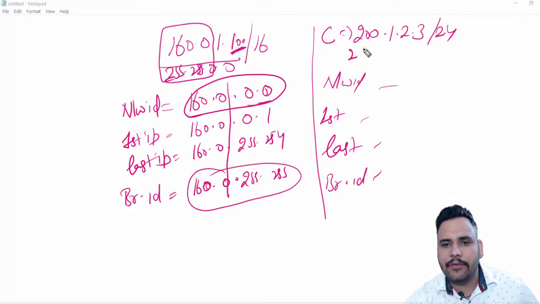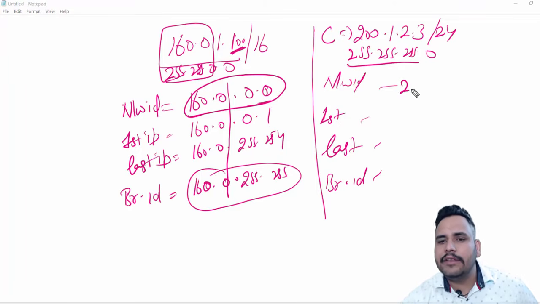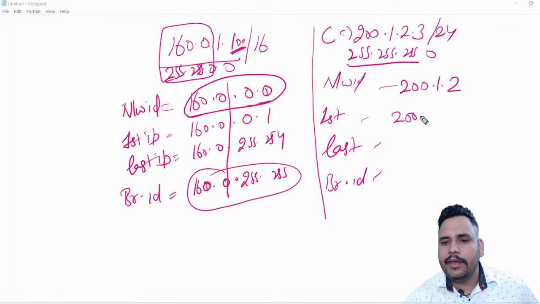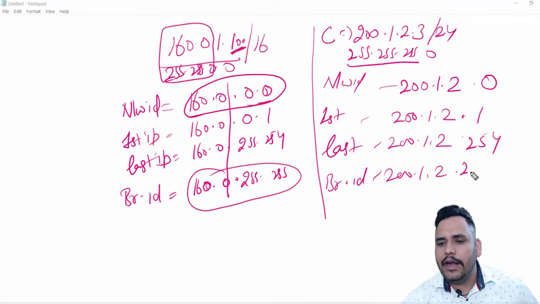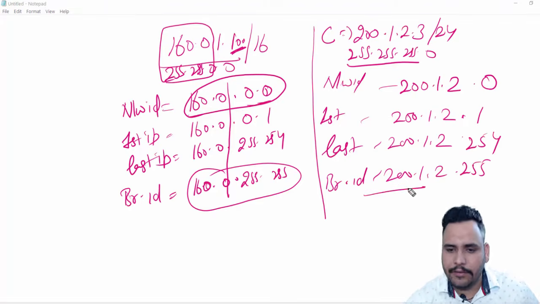But first I have to write the FLSM fixed length subnet mask, 255.255.255.0. So three times 255 means that 200, 1 and 2 remain the same. Okay. So starting from 0, the first IP is 1, the last IP is 254, and the broadcast IP is 255.